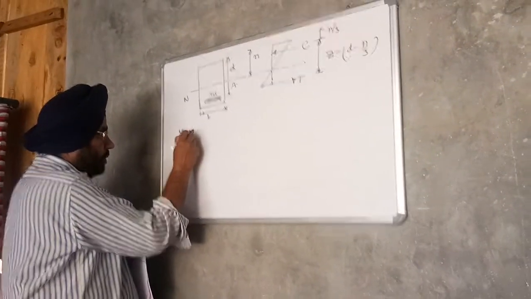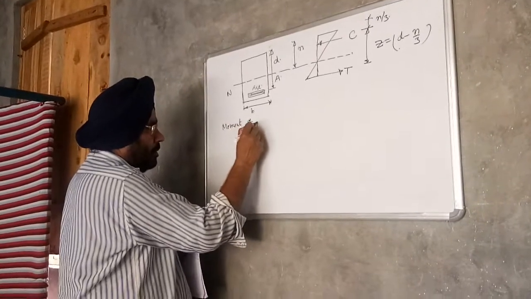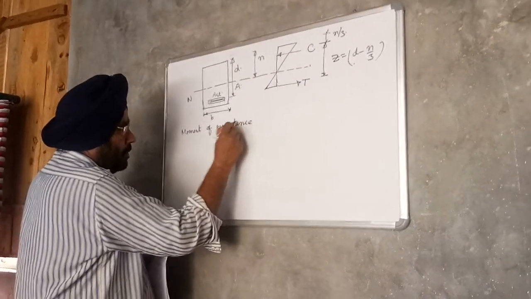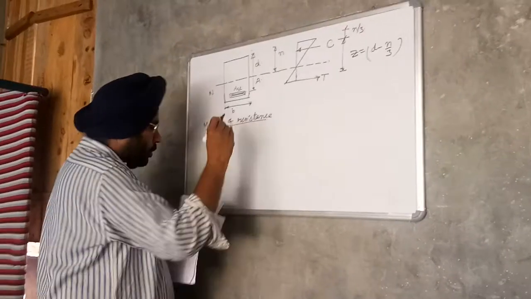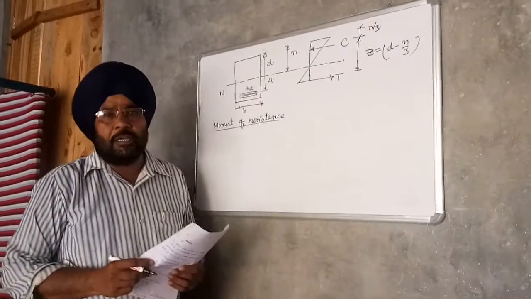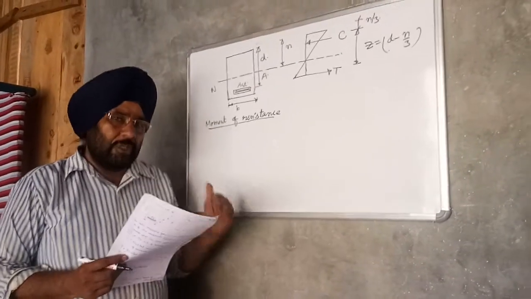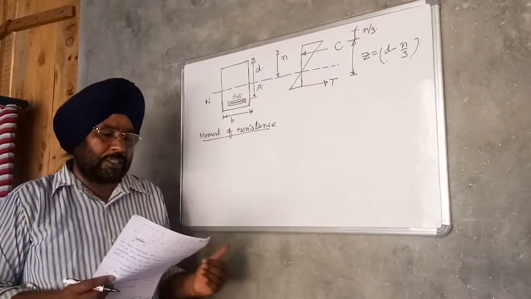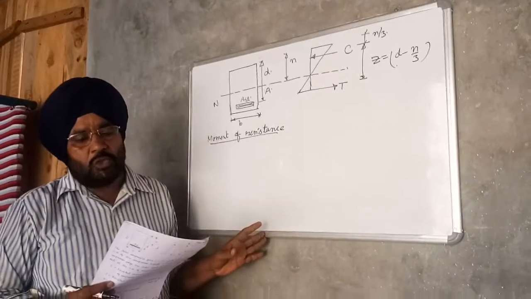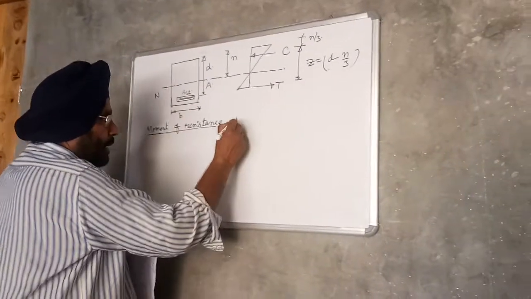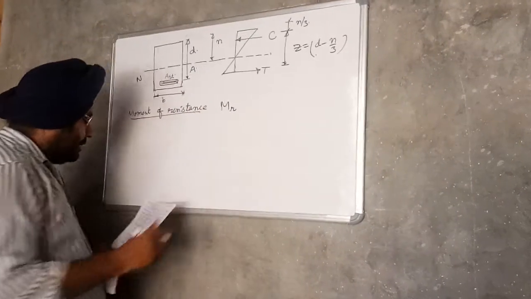Moment of resistance. So moment of resistance, also known as resisting moment, is defined as the resistance offered by the beam section to the moments developed in the section. So it is designated as MR, moment of resistance.